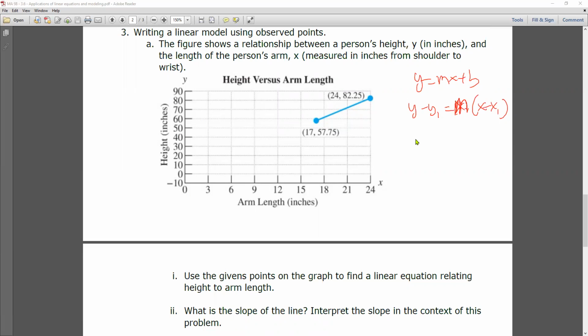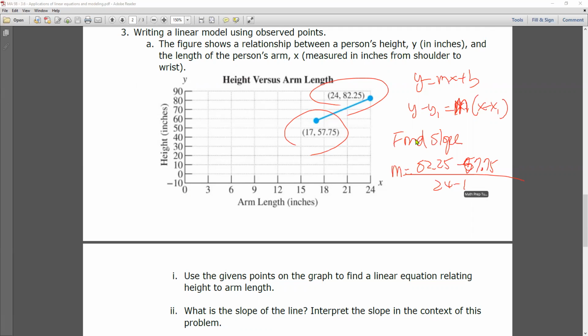So first things first, let's find the slope. You happen to have 2 points, so we're going to use those 2 points to find the slope. So m equal y2 minus y1, so 82.25 minus 57.75 over 24 minus 17. Again, I'm not going to ask you to do this in your head.